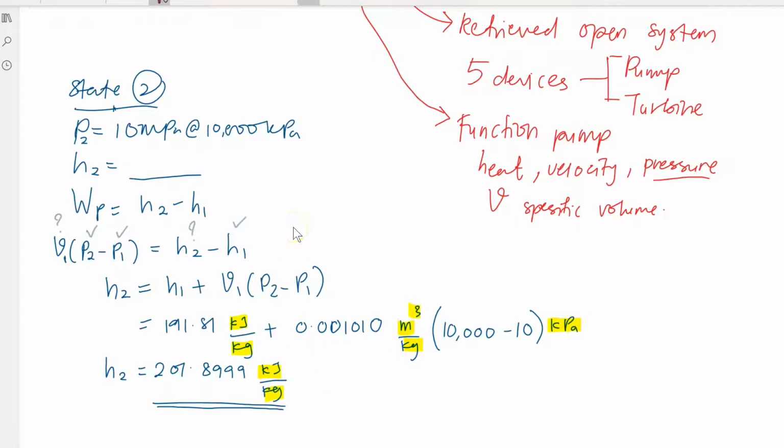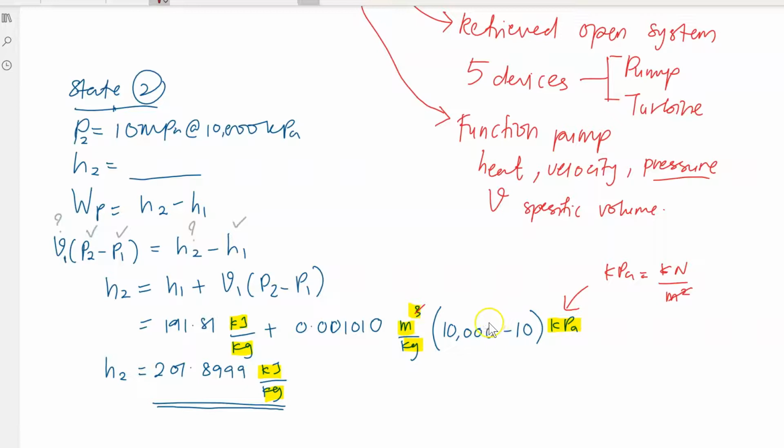For the kilopascal to be homogeneous, meaning that you are going to have kilojoule per kg. Remember that kilopascal is also equal to kilonewton over meter squared. So you are going to cancel this meter squared with this m3, and finally the units will be homogeneous with kilojoule per kilogram.